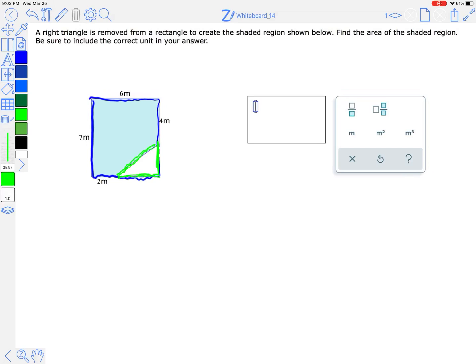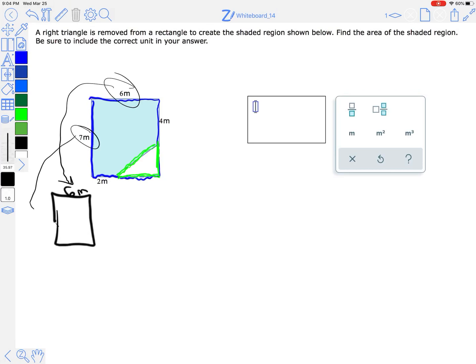Okay, so if we think about this, I can find the area of that big rectangle. If I look at the top, it says it's 6 meters.